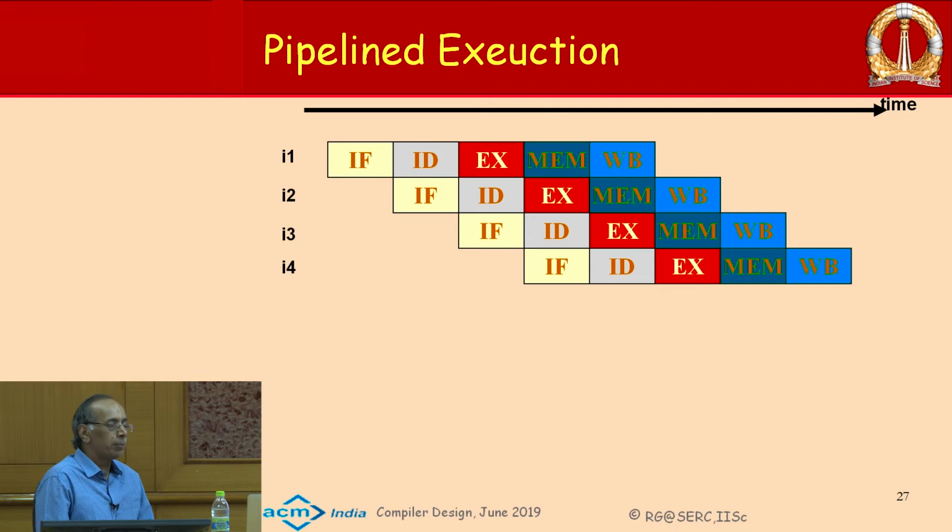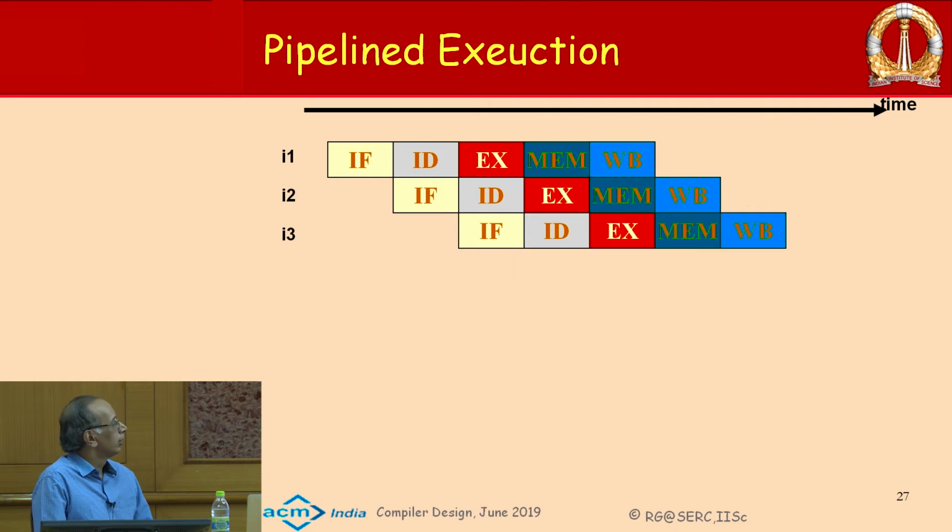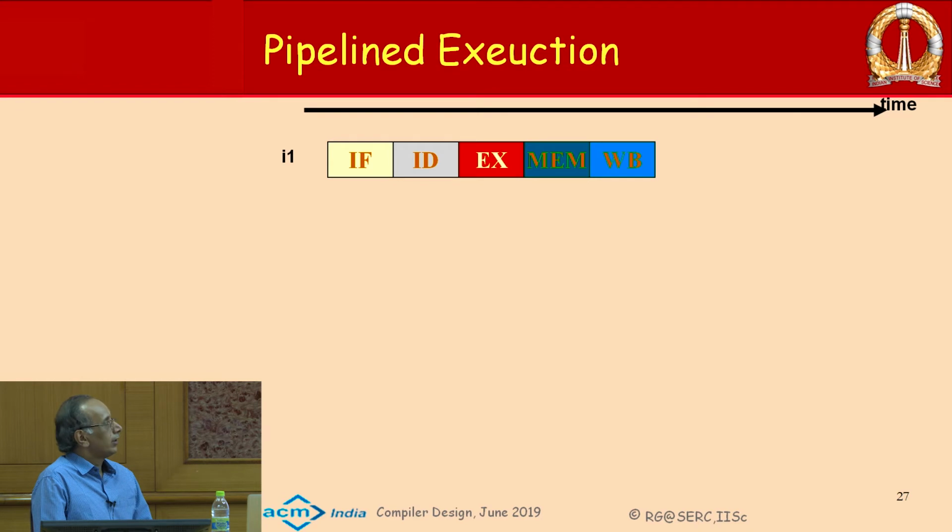If you didn't have the pipelined execution, where will the next instruction start? The next instruction can only start after 5 cycles, and then the next instruction can only start after 5 cycles.